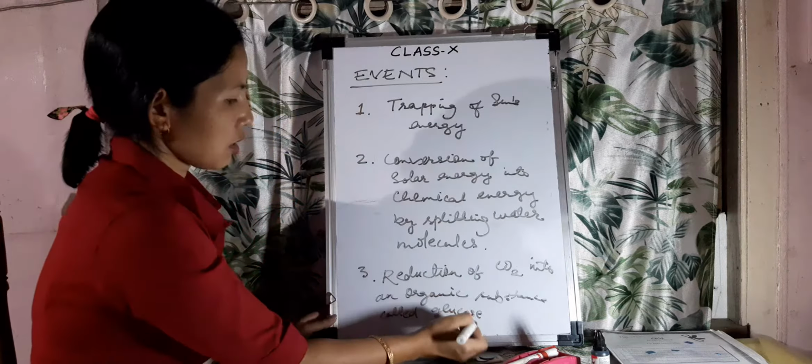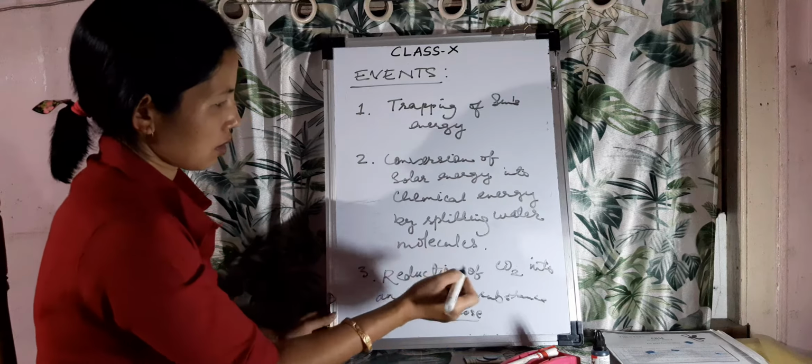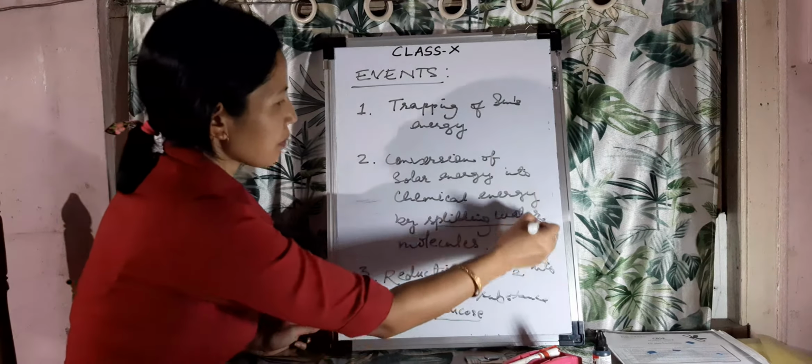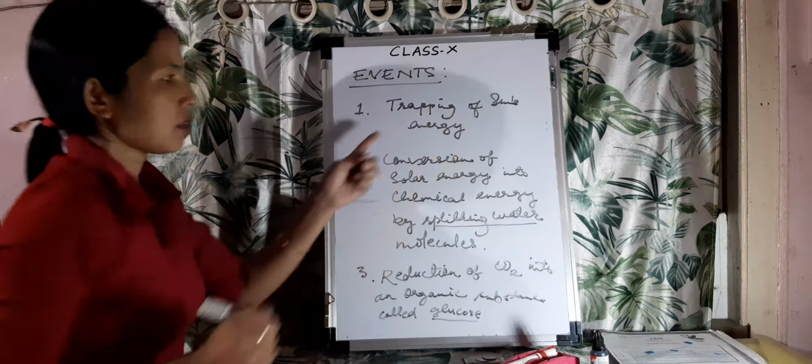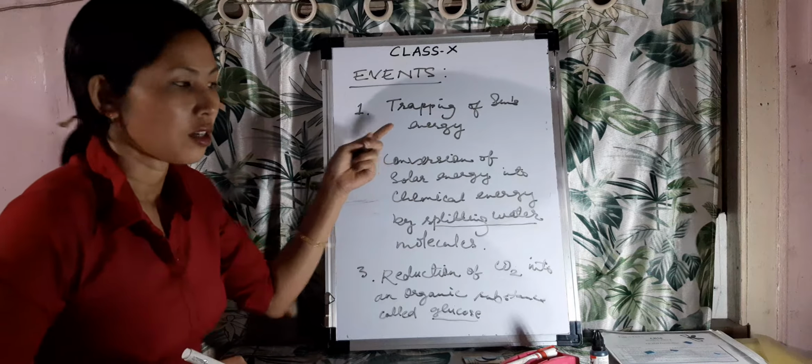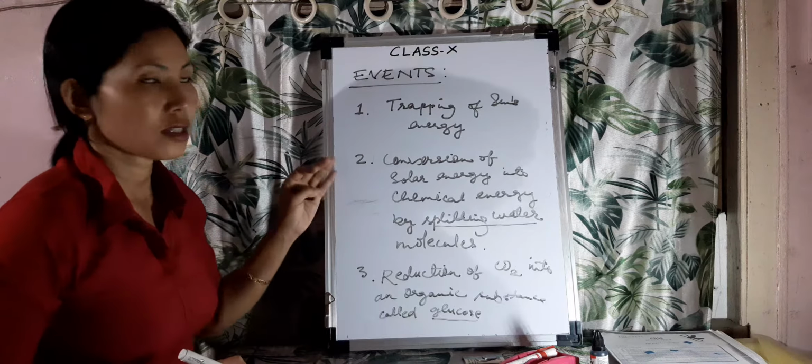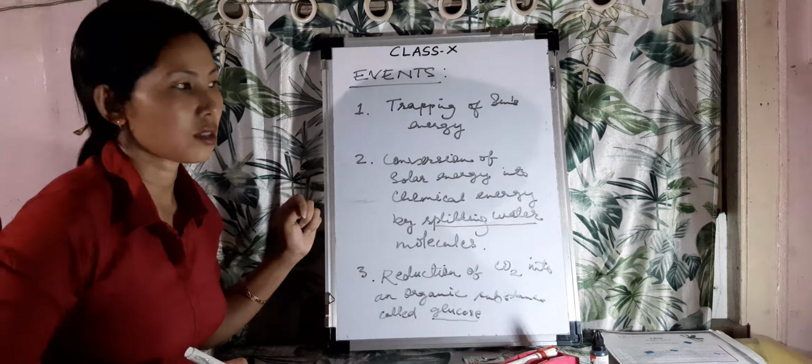Okay, so these are the major events. First of all, the trapping of the sun's energy. So these 3 are the major events that take place in the process of photosynthesis.